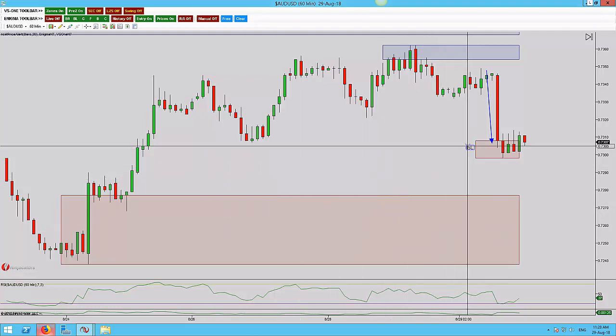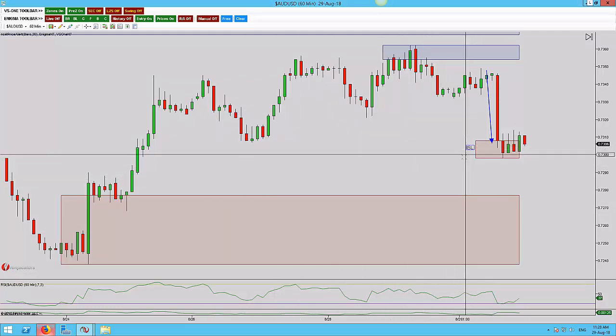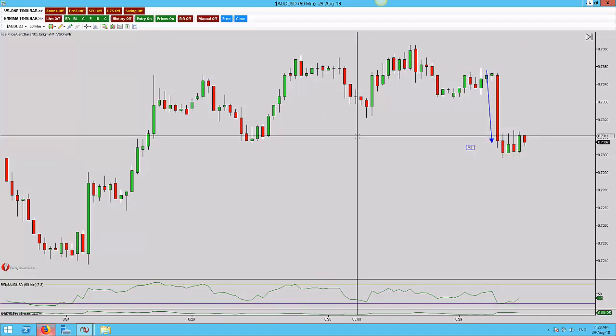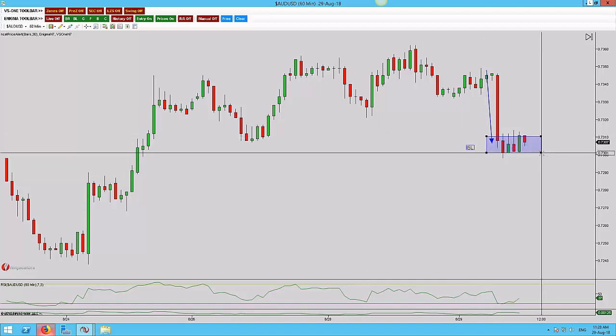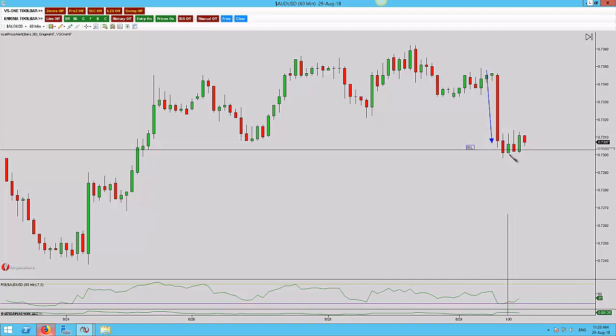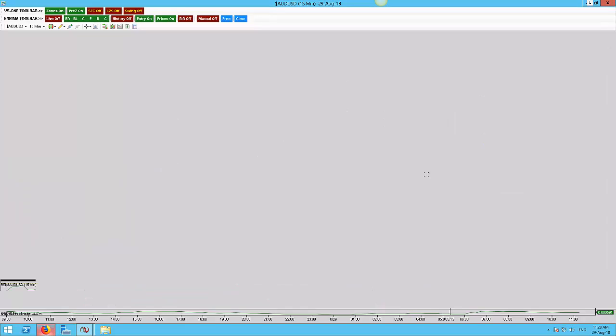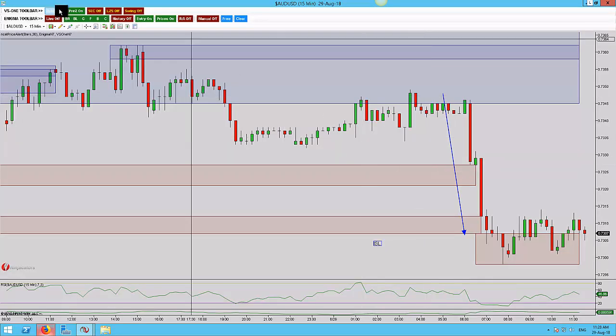So while it isn't in trend, it is an initial structure low after a momentum candle. So whenever I see this, I'm looking for the market to consolidate, and I'm looking for a reason why the market may continue lower. And please remember again, this is an initial structure low, so indicating that we could go lower, certainly after that momentum move.